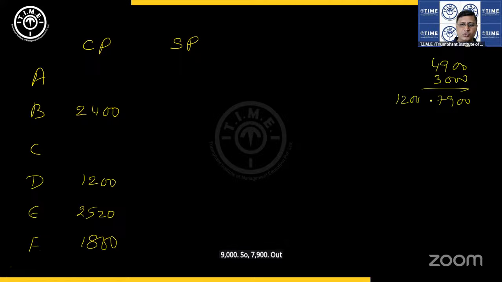Out of the 12,000, the remaining is how much here? Remaining is 4100. Divide based on the ratio 4:13.